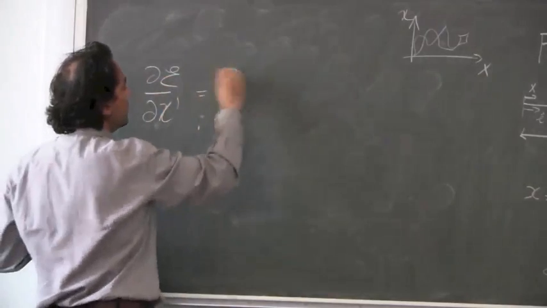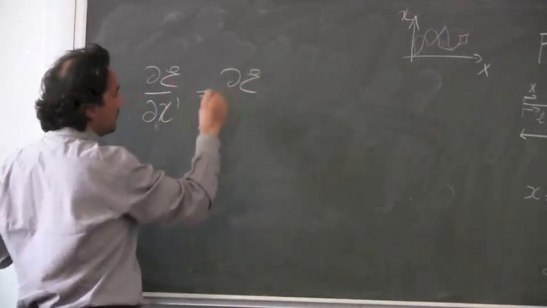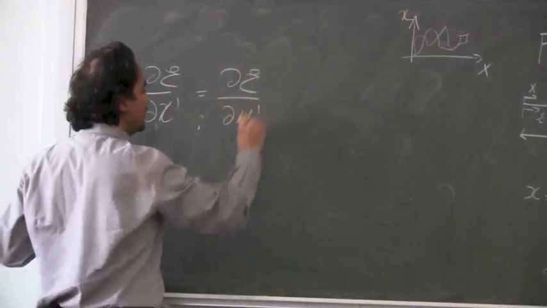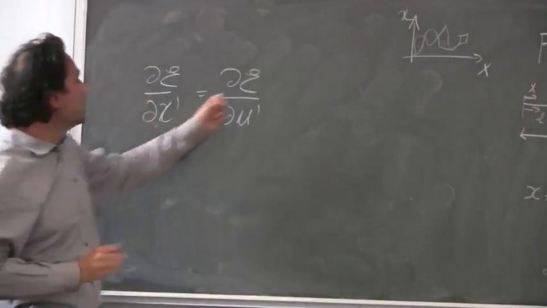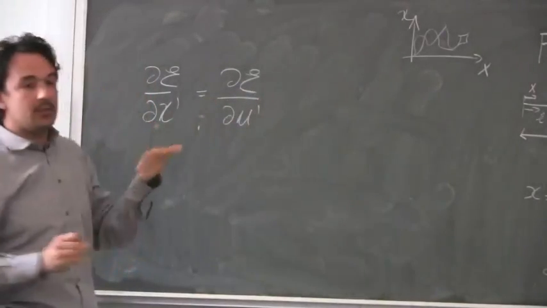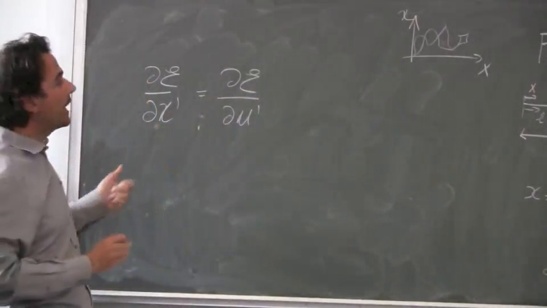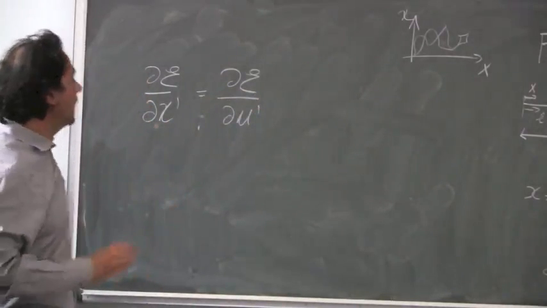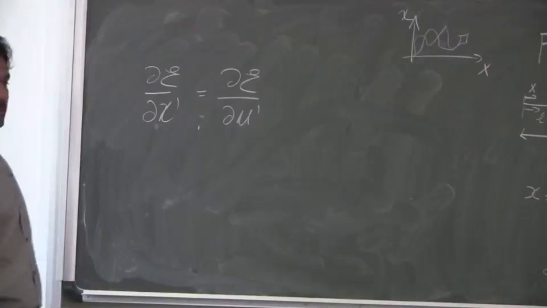This is equal to the derivative of e with respect to u prime, multiplied by the derivative of u prime with respect to t prime, that is 1, because u prime and t prime, the derivatives are the same. Okay?